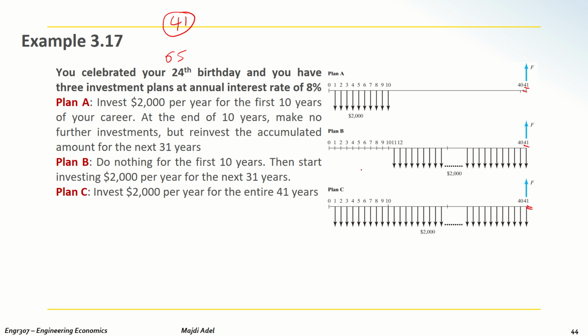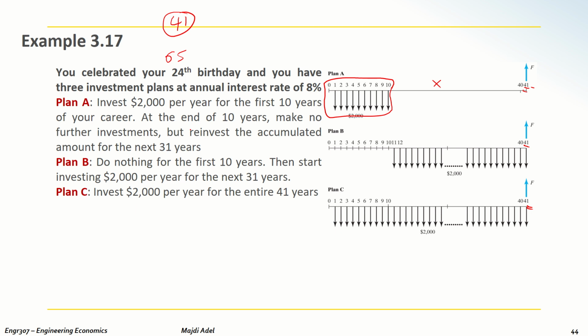Okay, 41 years. The first plan is that he's going to invest $2,000 per year for the first 10 years, and after that he's not going to deposit anything in the bank and let the amount accumulate till n equal 41.